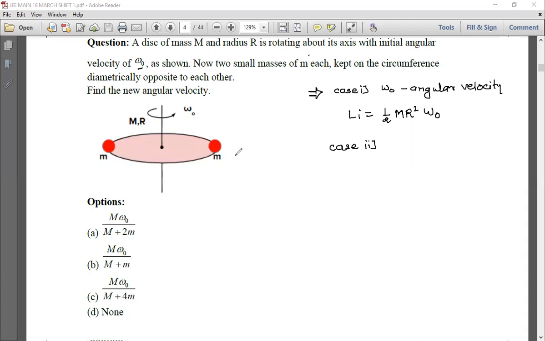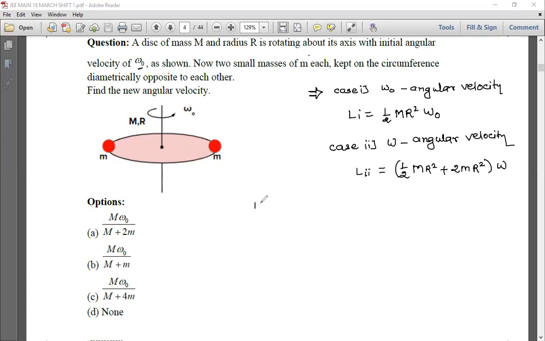When we keep the masses, let omega be the angular velocity after keeping the masses. In case number 2, the angular momentum you will get is half M R square plus these two masses, so 2 m R square, into omega.